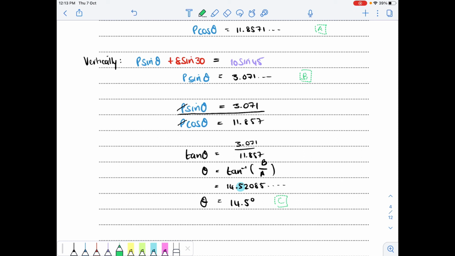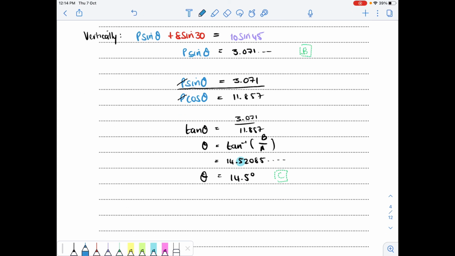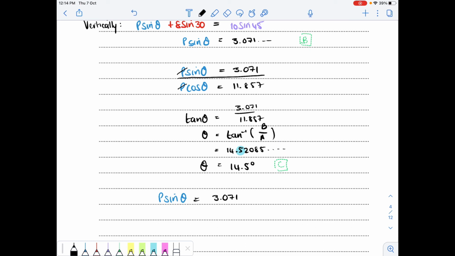Right, at this point we have two equations we can use to solve for P. We can use P cos theta equal to 11.8 or P sine theta equal to 3.071. So I'm going to use P sine theta is equal to 3.071. Again, not using 3.071, but the actual value stored in your calculator. Therefore, P must be equal to 3.071 over sine of 14.5. And again, not 14.5, but the actual value on your calculator.